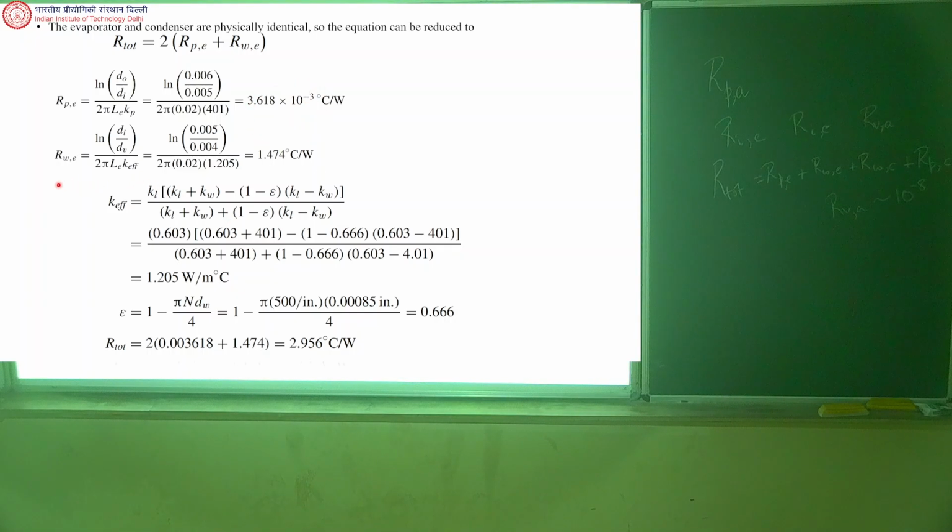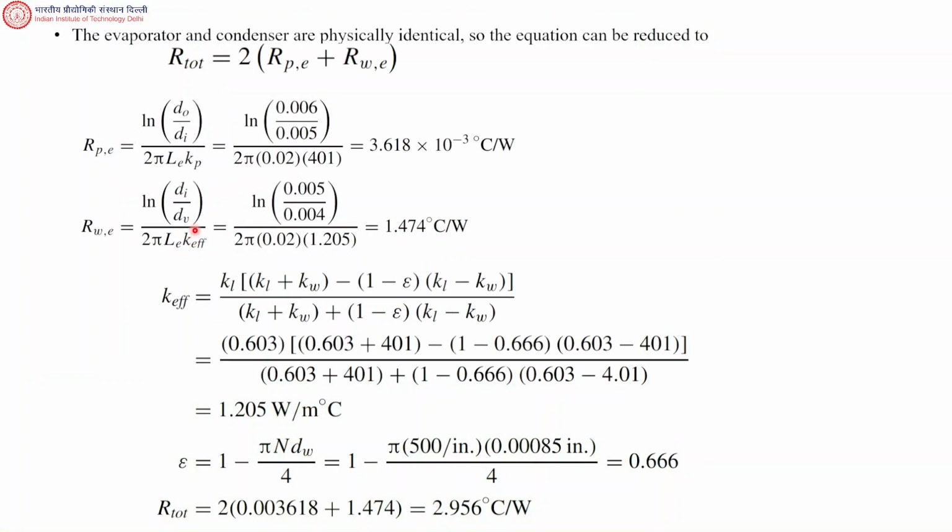And the RWE is given by this expression, and this has the diameter of the vapor space, dV, which is given to be 4 mm. And our RWE expression, as I mentioned a few minutes back, has a K effective, which is the effective thermal conductivity of the wick structure.